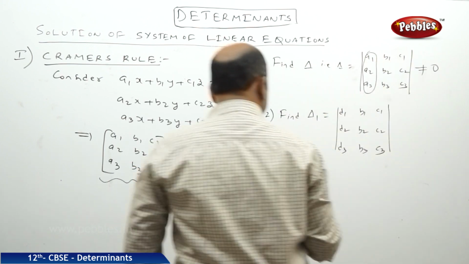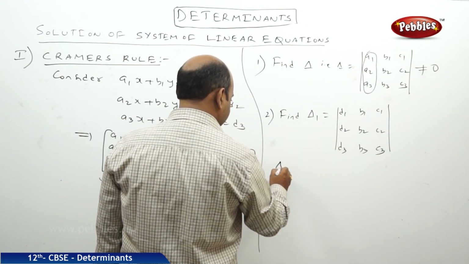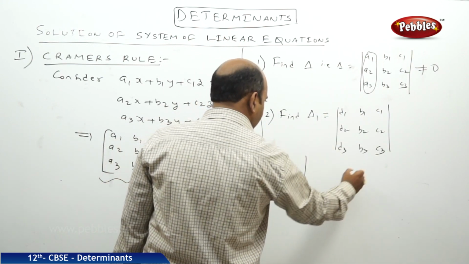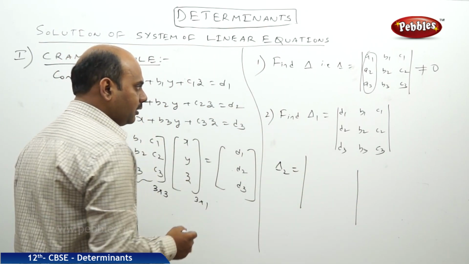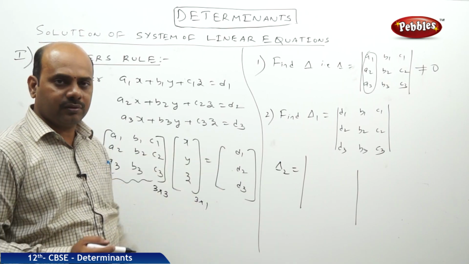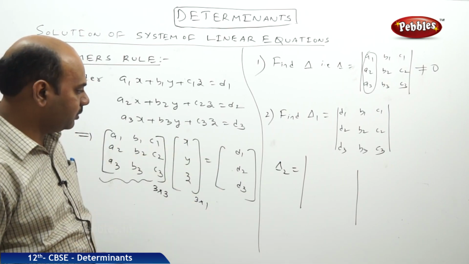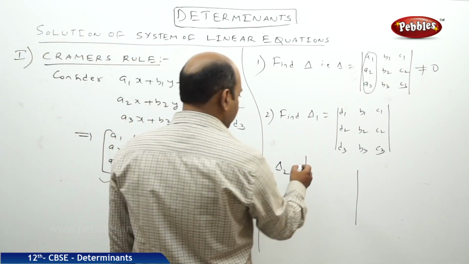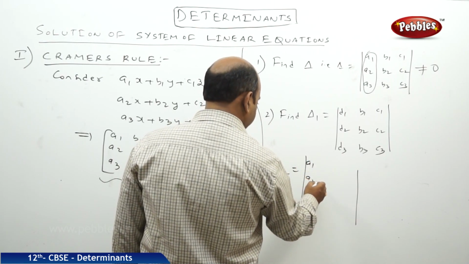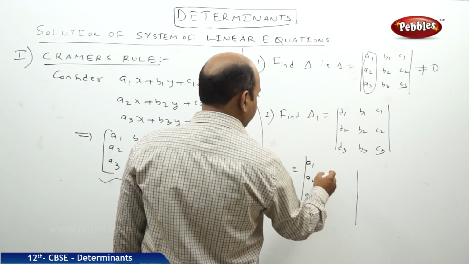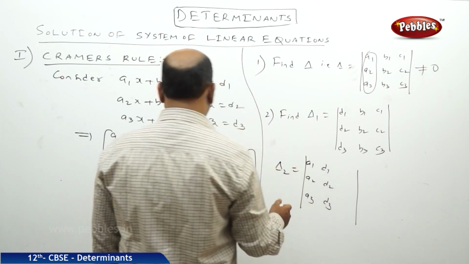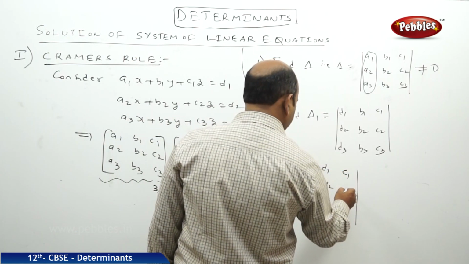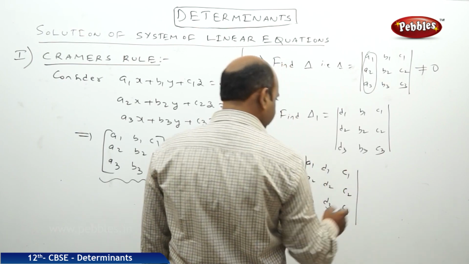And later I need to find delta 2. Delta 2 is obtained by replacing b1, b2, b3 by d1, d2, d3, that means the second column is replaced by d1, d2, d3. So here a1, a2, a3, and here d1, d2, d3, and here c1, c2, c3.